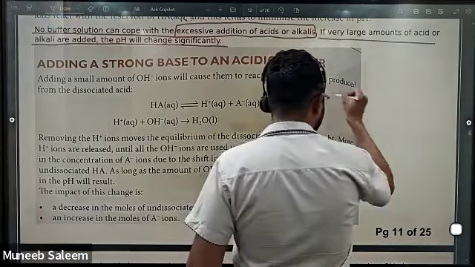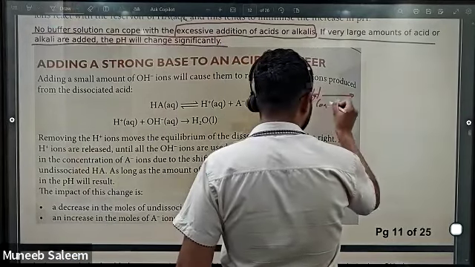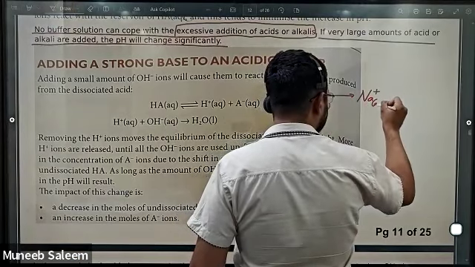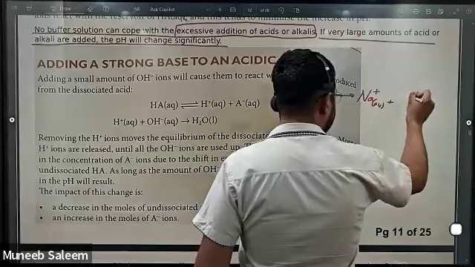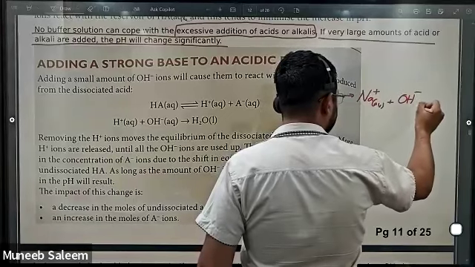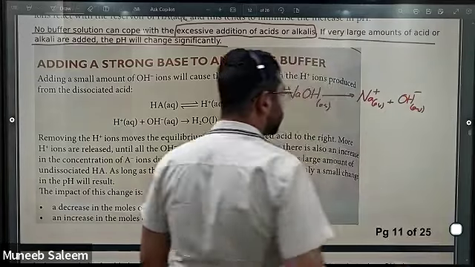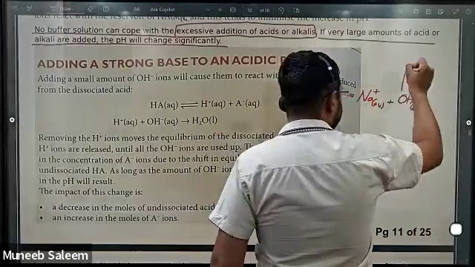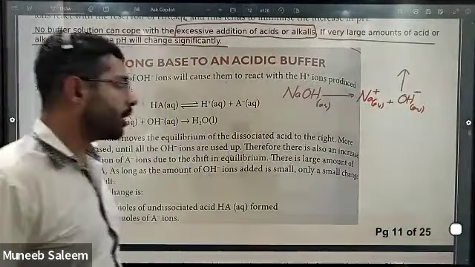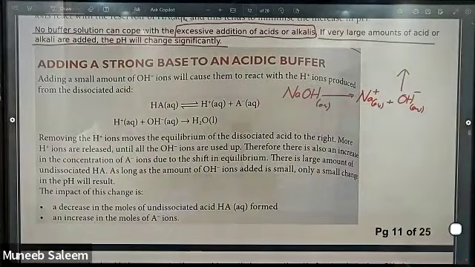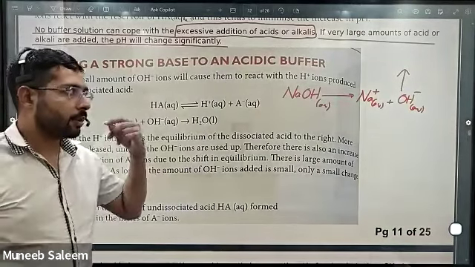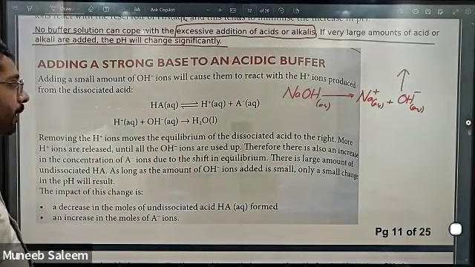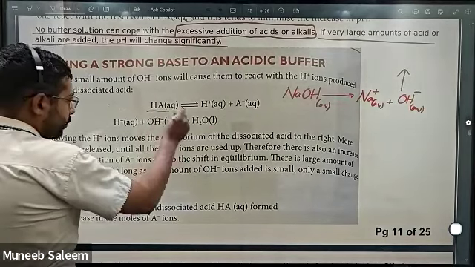When dissolved in water, it produces complete sodium ions in aqueous form and complete hydroxide ions in aqueous form. As a result of the added NaOH, there will be a lot of hydroxide ions present in the solution. How would we neutralize those hydroxide ions? For this purpose, the weak acid will come into play.